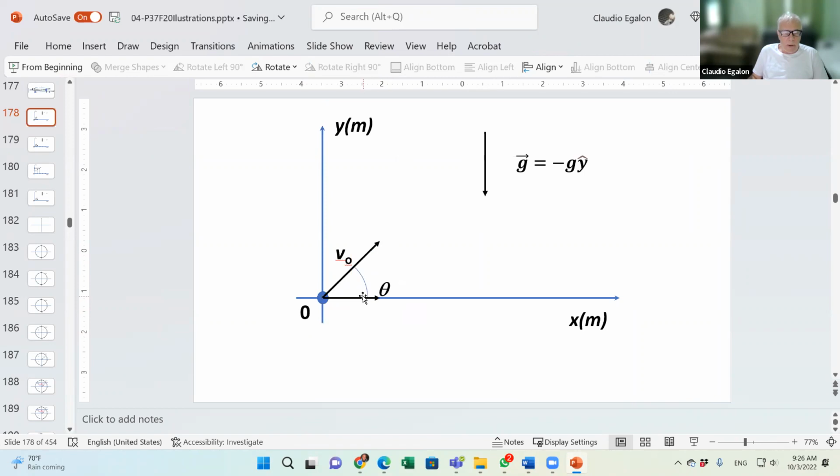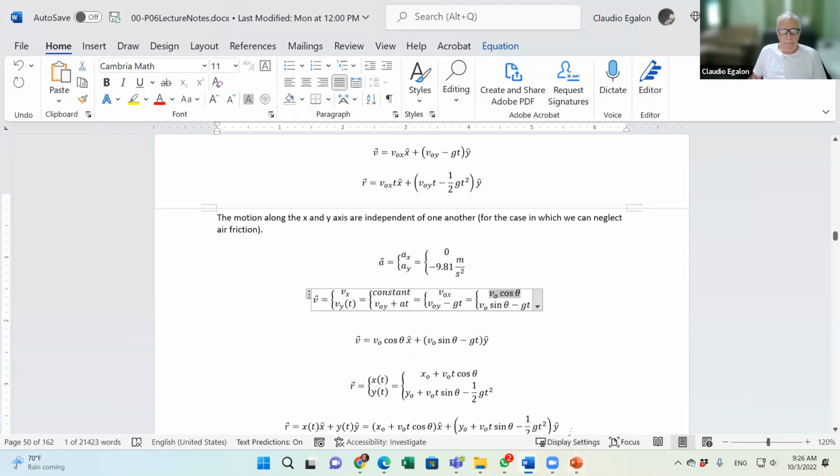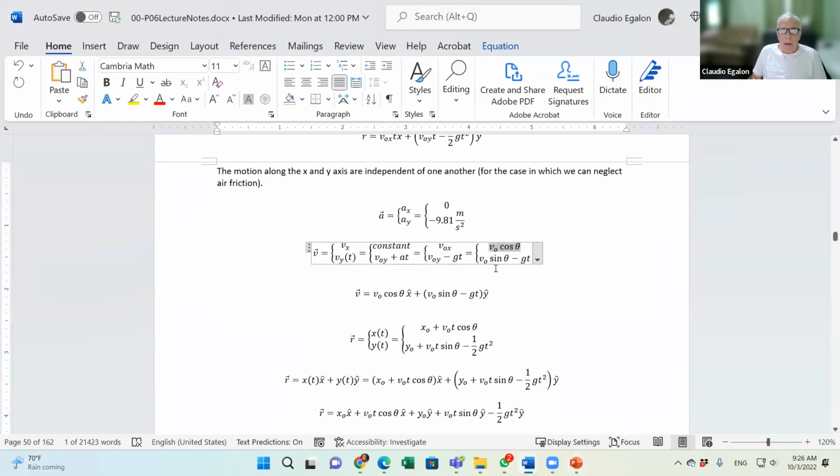That's another way of writing the same thing. There you go. Vx and Vy. And that's what we have here: v naught cosine of theta, v naught sine of theta minus gt.